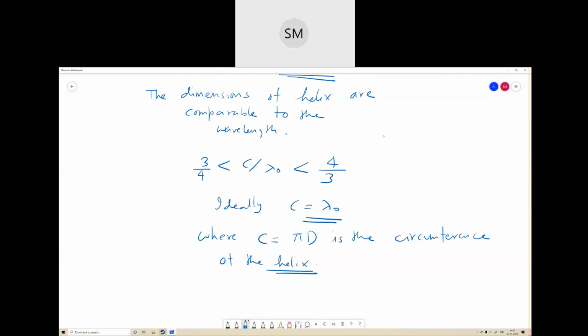So, for the axial mode, the first thing to be noted is that the dimensions of the helix are now comparable to the wavelength.